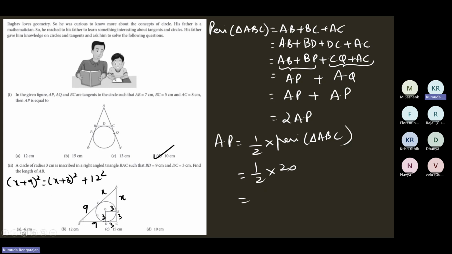This you can complete. We'll just do this again. See, BD is given 9. So that means this is 9. This is given 3. You know this one is a square, so all over it's 3. This one is not given, neither is this given, so we take it as X. Now, connecting using Pythagoras theorem, it's a right angle triangle.